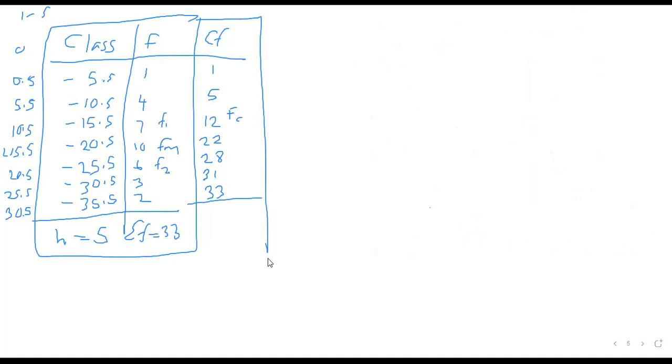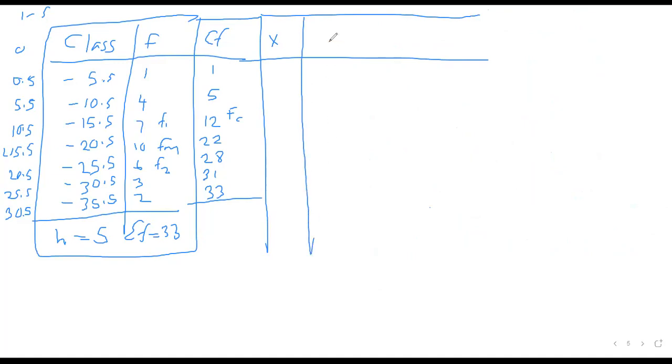Under ungrouped data it was different, but now things have changed because we're dealing with group data. Next you add an x column, an x squared column, f of x, and f of x squared.